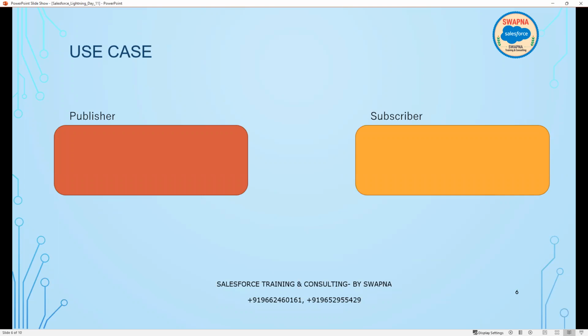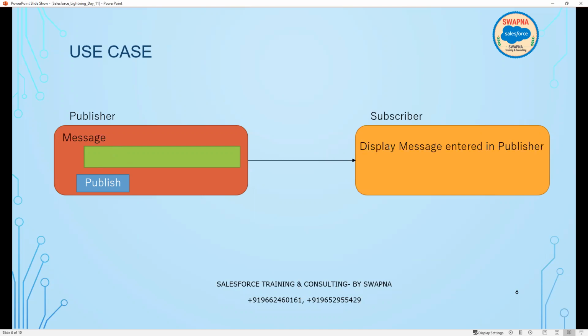In the publisher, I'll add one text box, one input field. As soon as the user enters data in this input field and clicks on the publish button, the data should be sent to the subscriber.